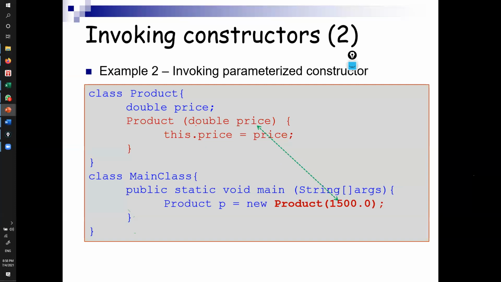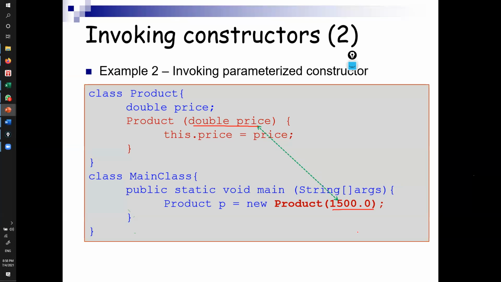Yes, since our constructor takes one parameter, when you do so, you make sure you pass the parameter. So this is where we said you can initialize. So this means now, by the time you create an instance of your product class, you initialize the price as well.